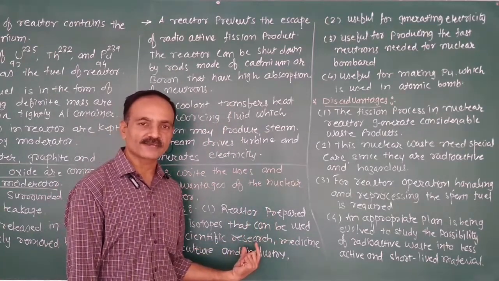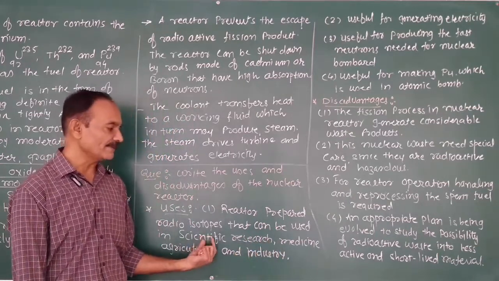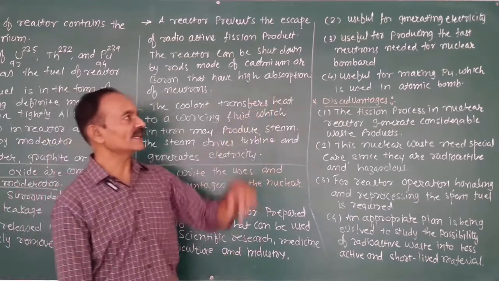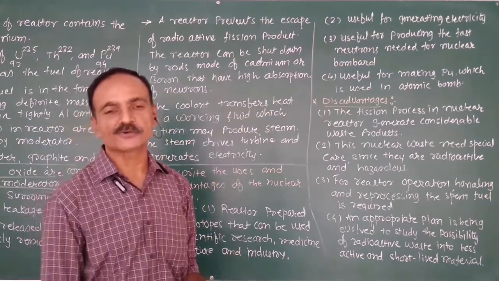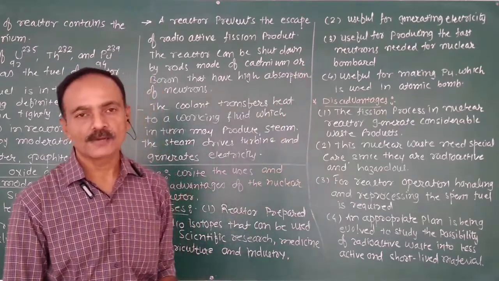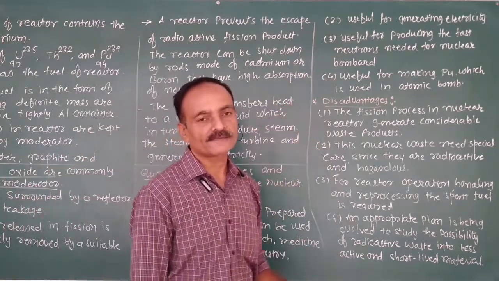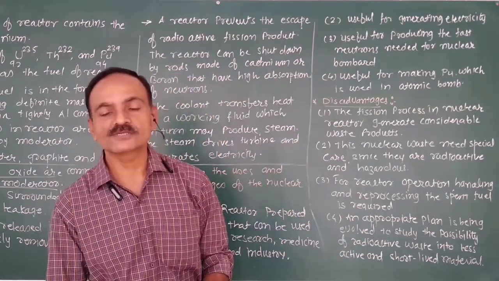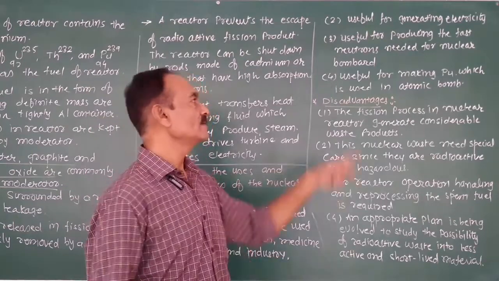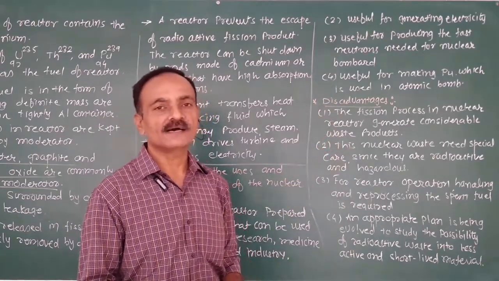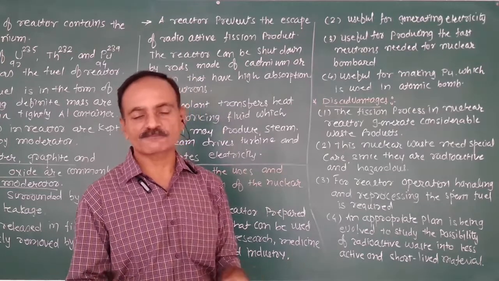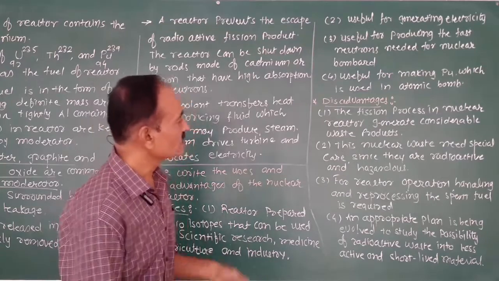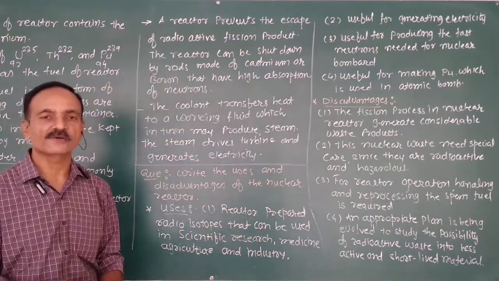The wastes are also used in scientific research, medicine, agriculture and industries, to produce fast neutrons for nuclear bombardment, and plutonium is also produced as a waste product for preparing the nuclear bomb. Right? Okay. So these are the uses and disadvantages of a nuclear reactor.